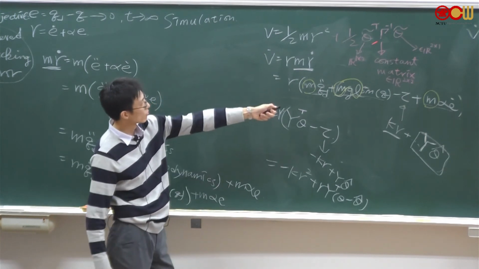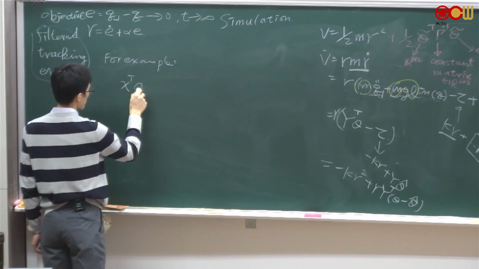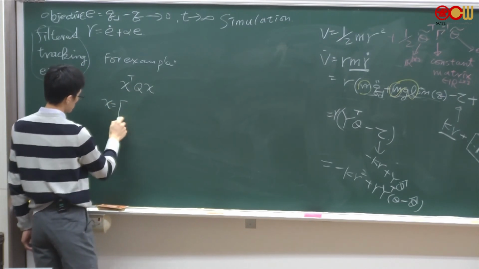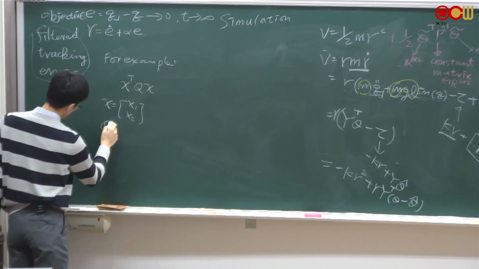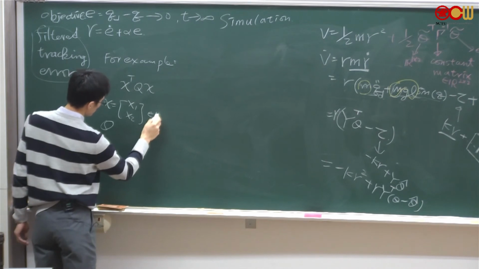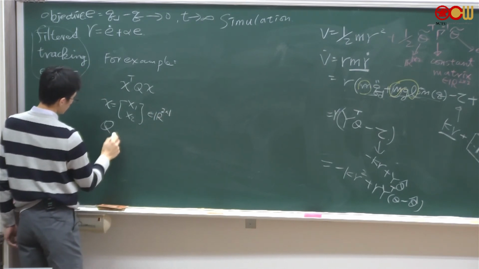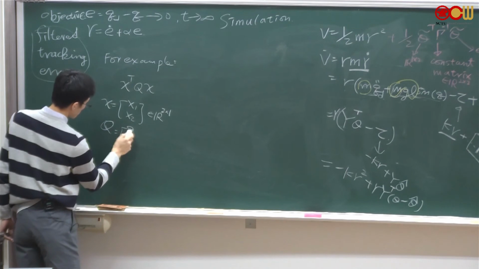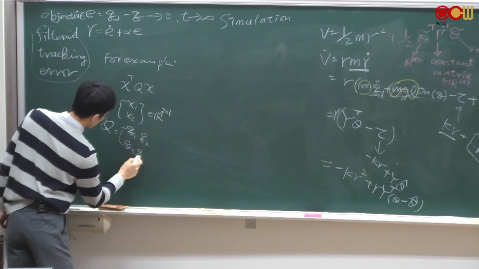It's a quadratic form. Okay, and x is x1, x2. Q belongs to R2, and Q is a matrix called Q1, Q2, Q3, Q4.